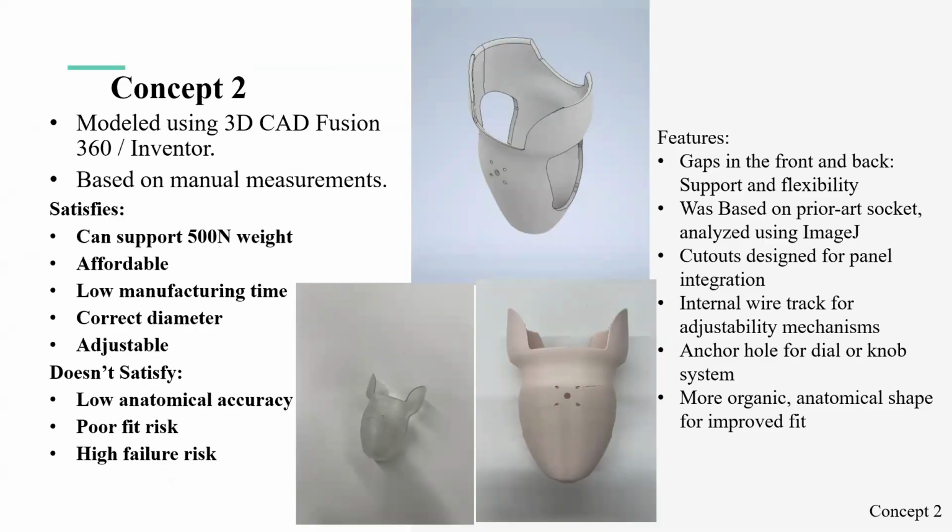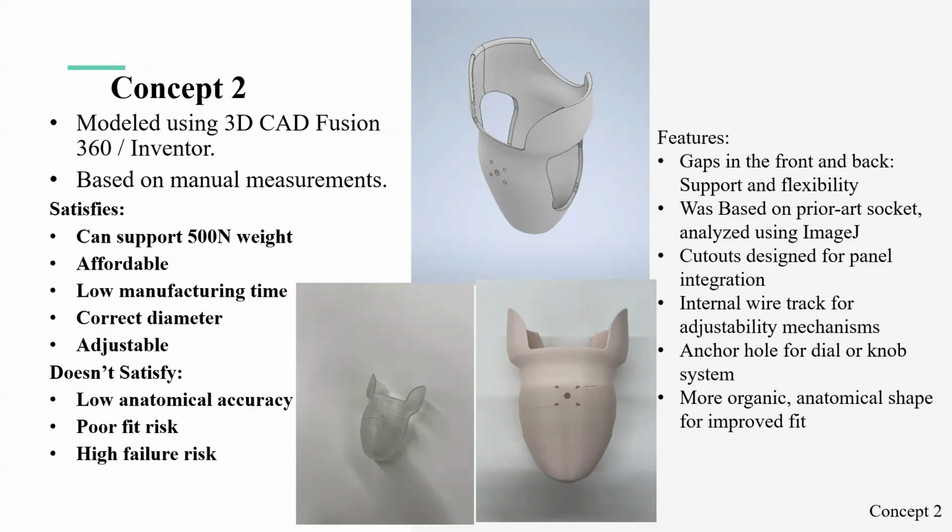So concept two features gaps in the front and back to enable support and flexibility. It was based off of a priorly made socket and was analyzed. The prior socket was analyzed using a software called ENGG, which allows you to find different lengths based off a known length in an image.